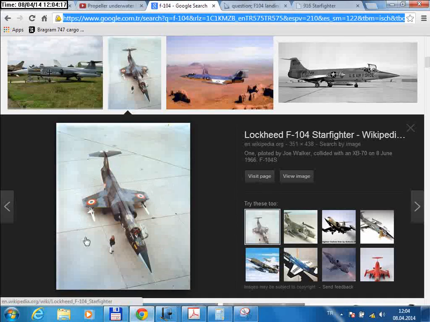So this is almost like a missile, right? It has very small wings, which is a very good thing for high-speed performance. But this aircraft has the big disadvantage that its landing speed is very high. It has flaps, but even with the flaps, the minimum landing speed for this aircraft is about 300 kilometers per hour. So it's a very high speed for landing.